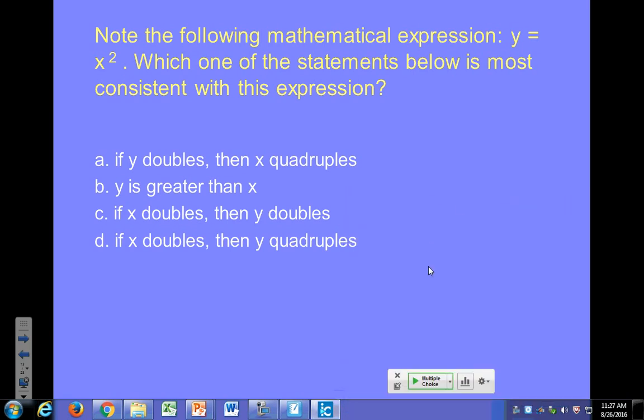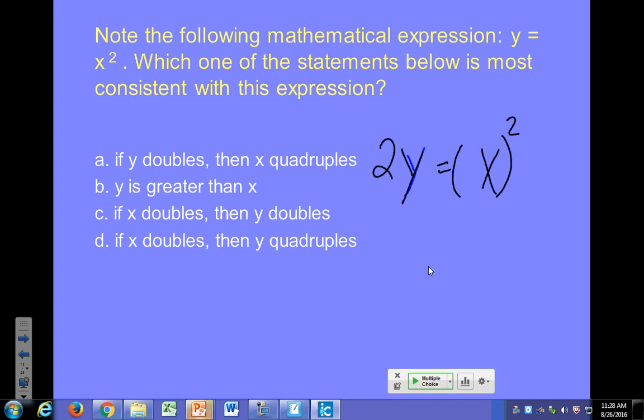Let's go through these. A and B are both sort of commonly misheld ideas. A: if y doubles, then x quadruples. Let's write this out. I have y equals x squared. I'm going to put parentheses around this. If I double y, in order for this equation to still be the same, I have to do the same thing to this side. By how much is x going to increase if I double y?